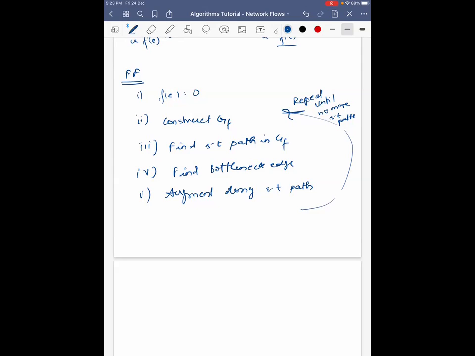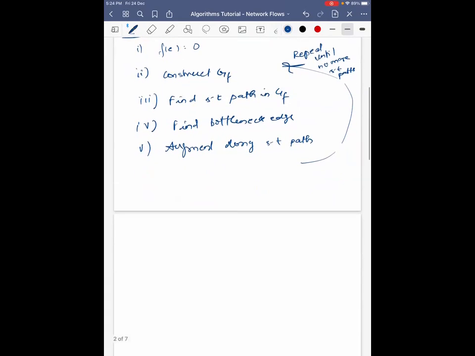So if we were to talk about the flow from U to V, will we not be doing f of u comma v minus f of v comma u? Just a second. So you have an edge UV, carrying the flow FUV, and its capacity is CUV.